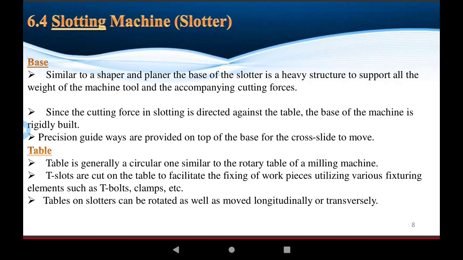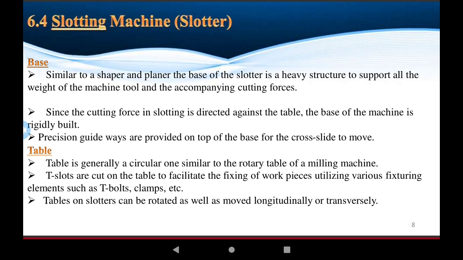And the T-slots are cut on the tables to facilitate fixturing of the workpiece, utilizing various fixture elements such as table bolts, clamps, and some of the holding devices used to perform the slotting machine's manufacturing operations.